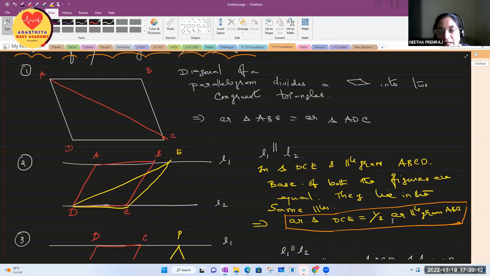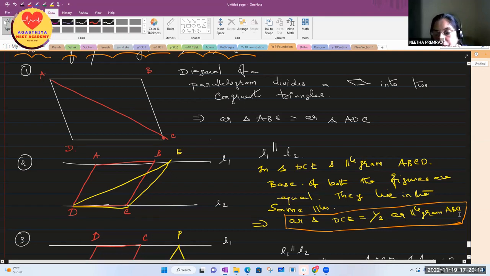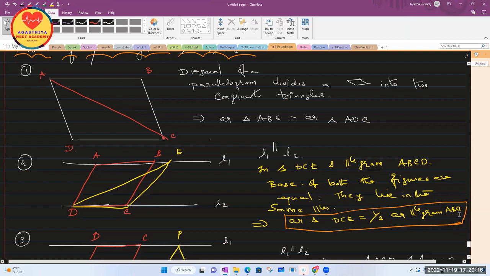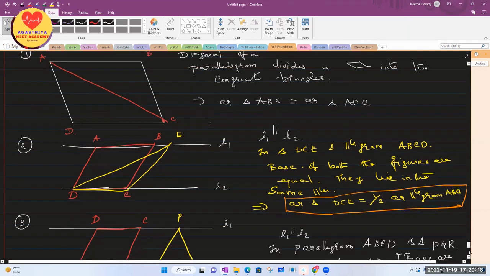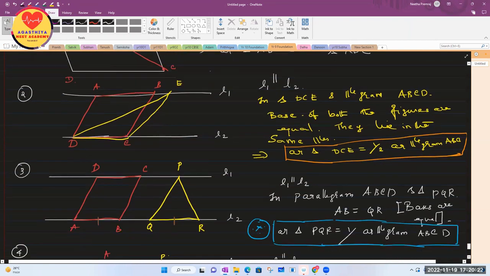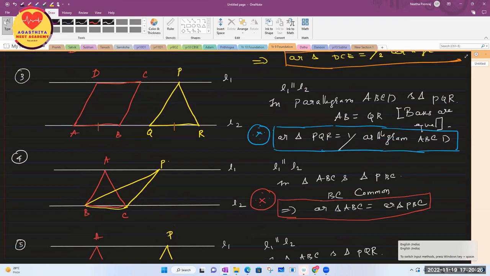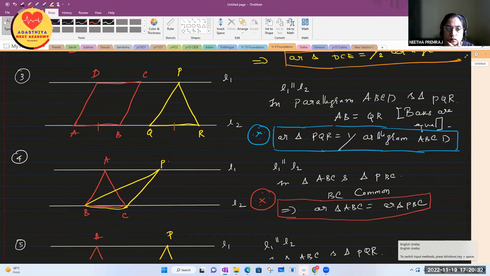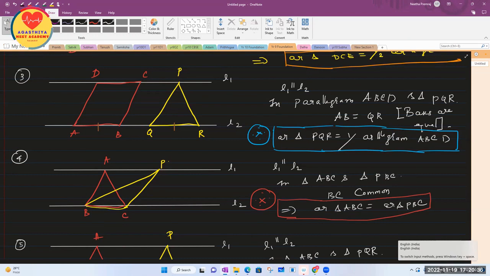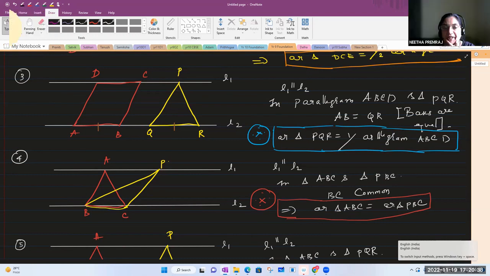Okay. Tamil Chelvan, next. Yes, ma'am. In the two parallel lines, L1 and L2 are the parallel lines, and ABC is a triangle, and P is the triangle, ma'am. No, dear.